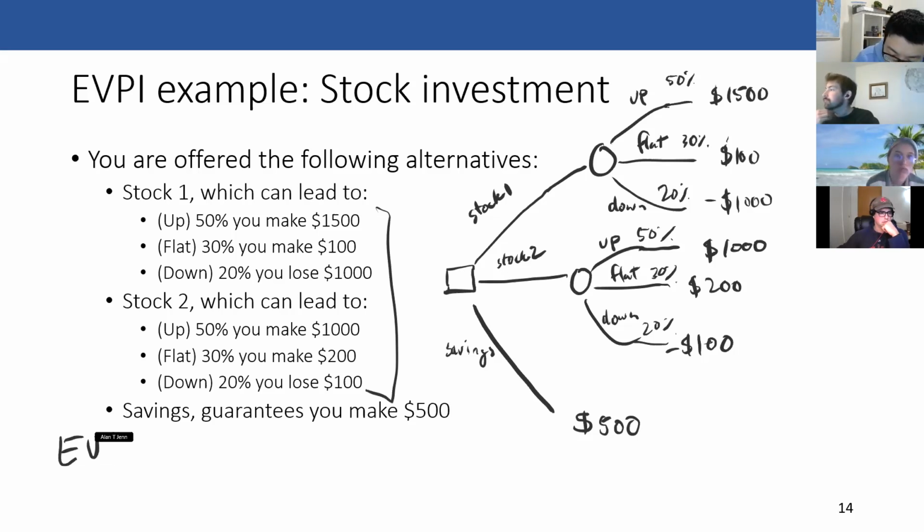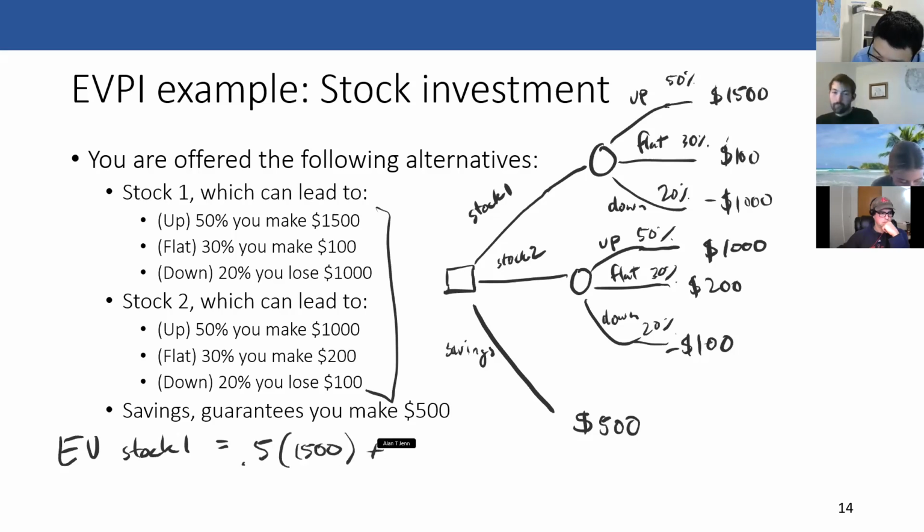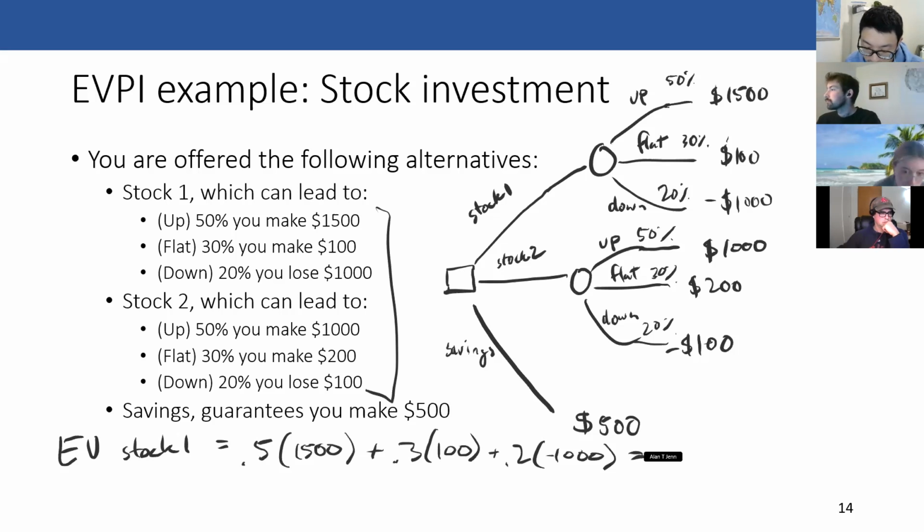So EV stock 1 is equal to 0.5 times 1,500 plus 0.3 times 100 plus 0.2 times negative 1,000. That equals 750 plus 30 minus 200, so 580.